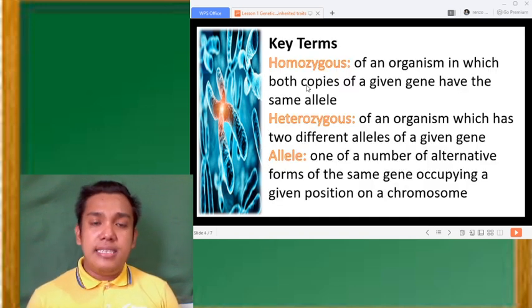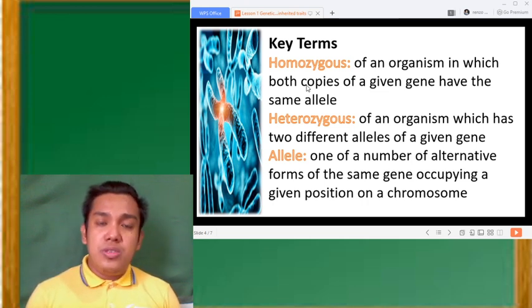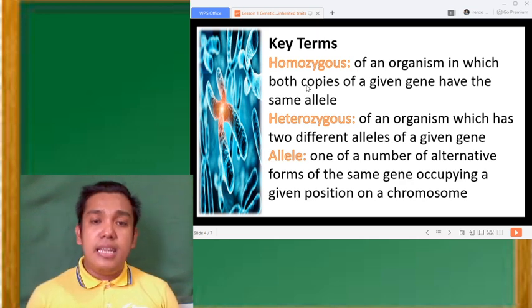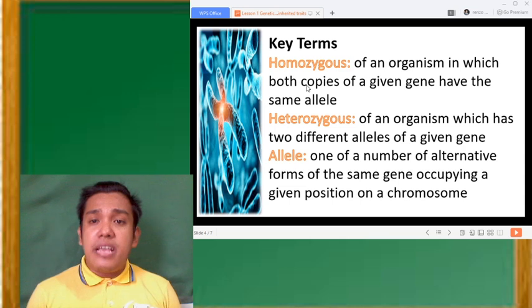The next is the terms that we use in this study: homozygous, heterozygous, and allele. Homozygous: an organism in which both copies of a given gene have the same allele. Heterozygous: an organism which has two different alleles of a given gene.